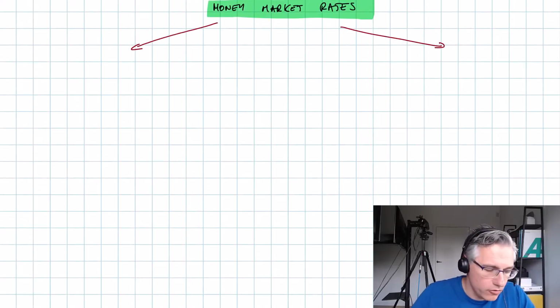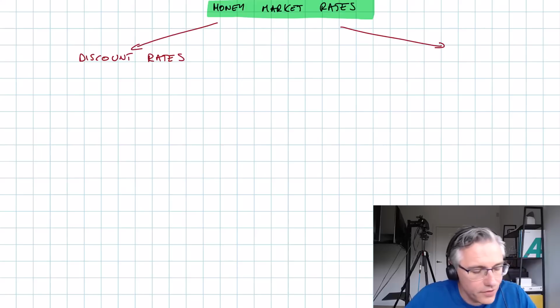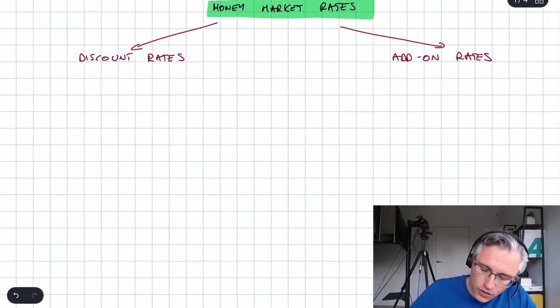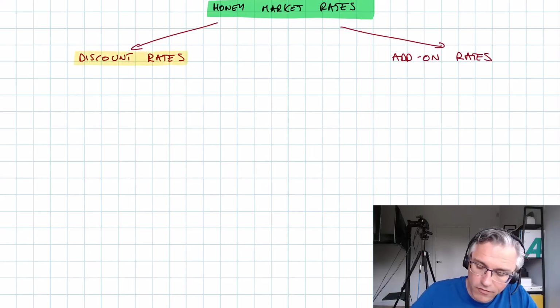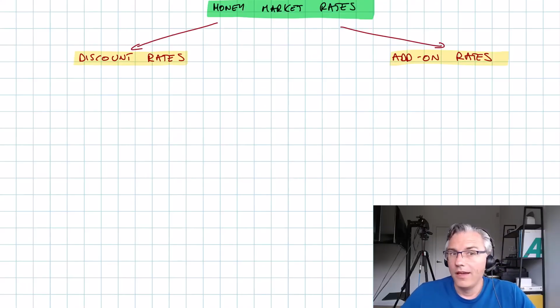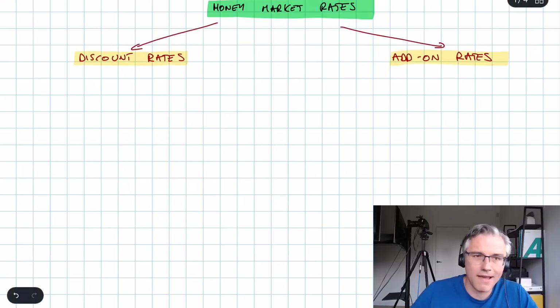One is to express them as discount rates, and the other is to express them as something called add-on rates. You've got to know both and be quite flexible in using both and potentially converting between them as well. So this is a section of the curriculum that you have to pay attention to. It makes for very nice examinable material.